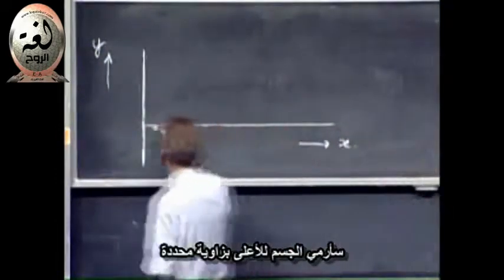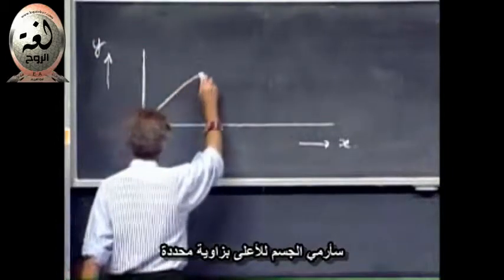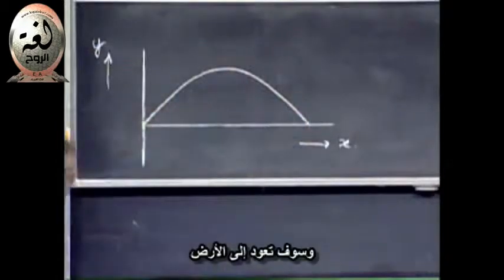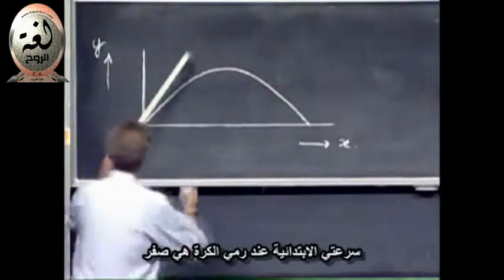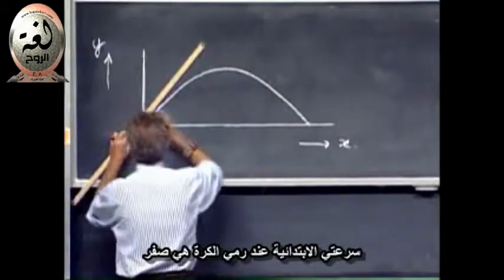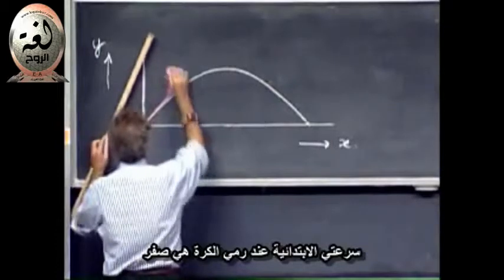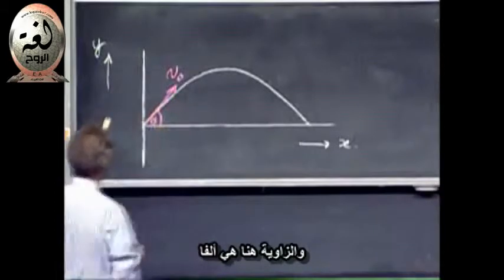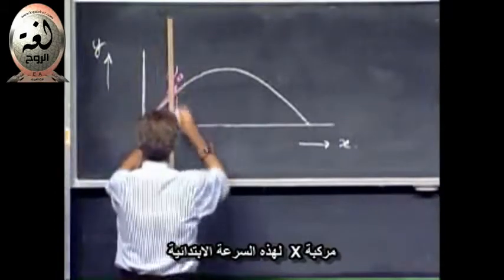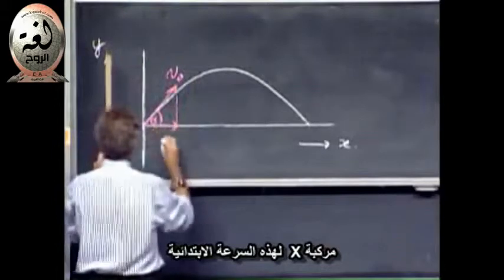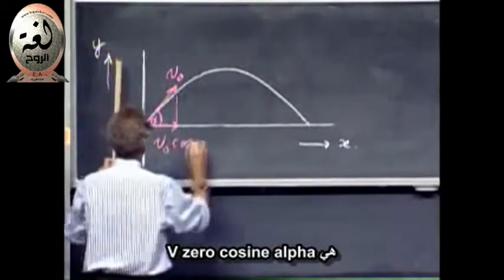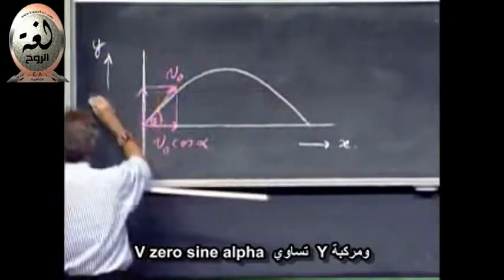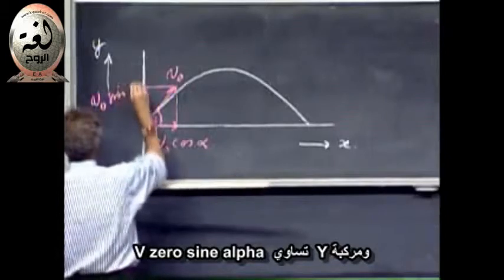I'm free in that choice. I throw up an object at a certain angle, and I see a motion like this. Boing, and it comes back to the ground. My initial speed when I threw it was v0, and the angle here is alpha. The x component of that initial velocity is v0 cosine alpha, and the y component equals v0 sine alpha.